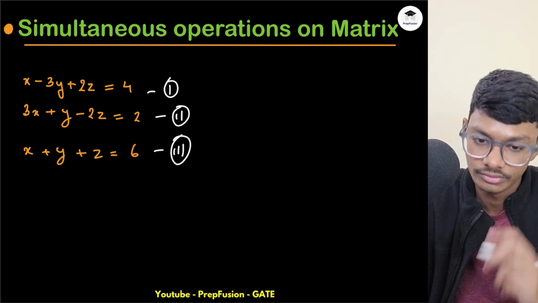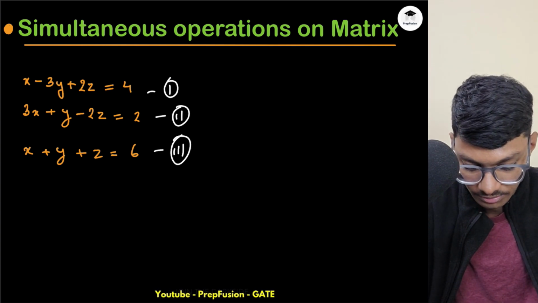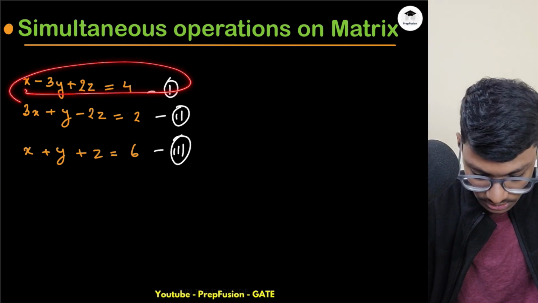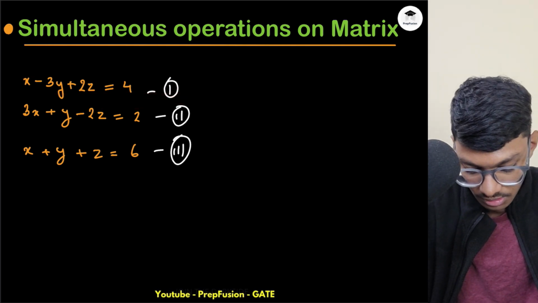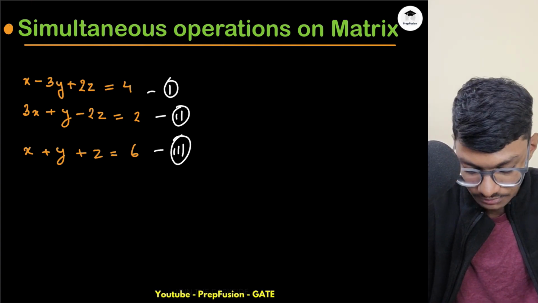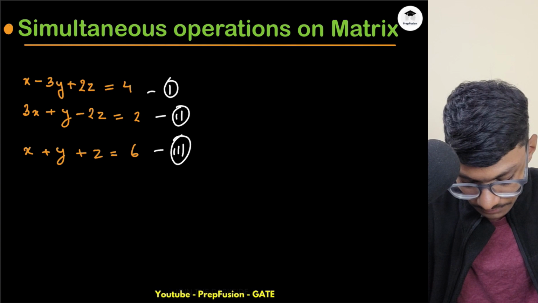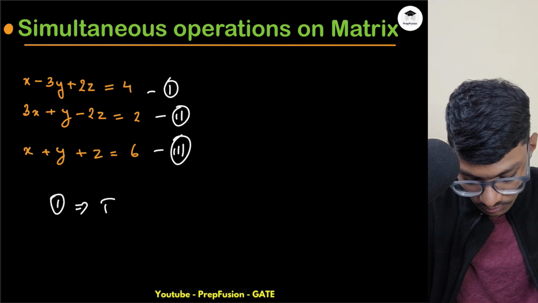So basically, to find the solution, I will subtract this one from 3. I will eliminate x first. So I can write my equation 1 as 1 minus 3.